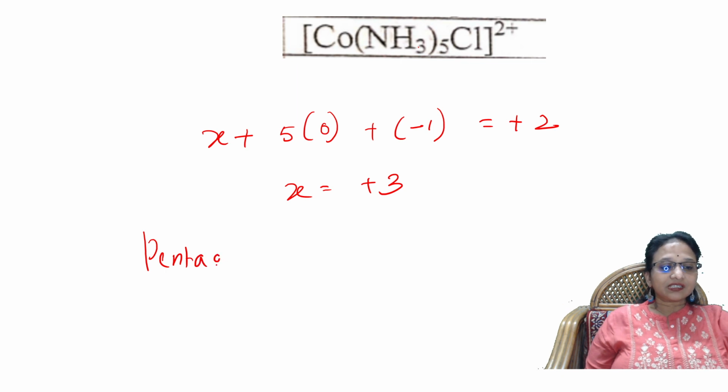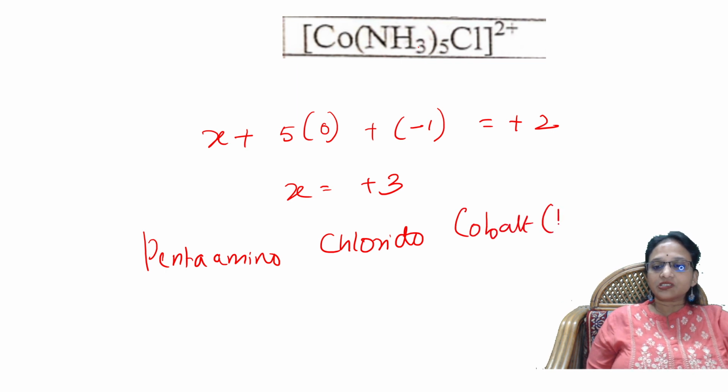Pentaamine, because it is pentaamino. Also you can write, that is negative ligand. So chlorido. Then comes cobalt. How much is this? 3. Now this is an ion. So you will end it as ion. If it is a complex, you write it as complex. If it is an ion, write it as ion.